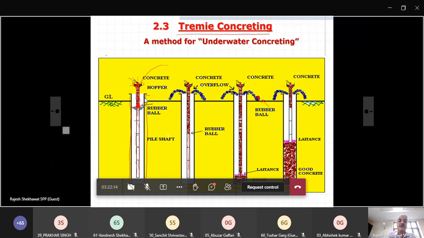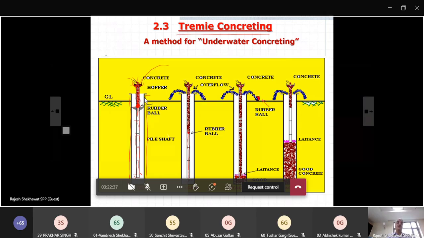It comes here, it falls here with a thud. Its density is more, whereas the existing was water with some mud and all. So that water and mud will start floating on the top, and this concrete, which is heavy, is dropped at the bottom. And you have to always keep the end of the tremie in the concrete.